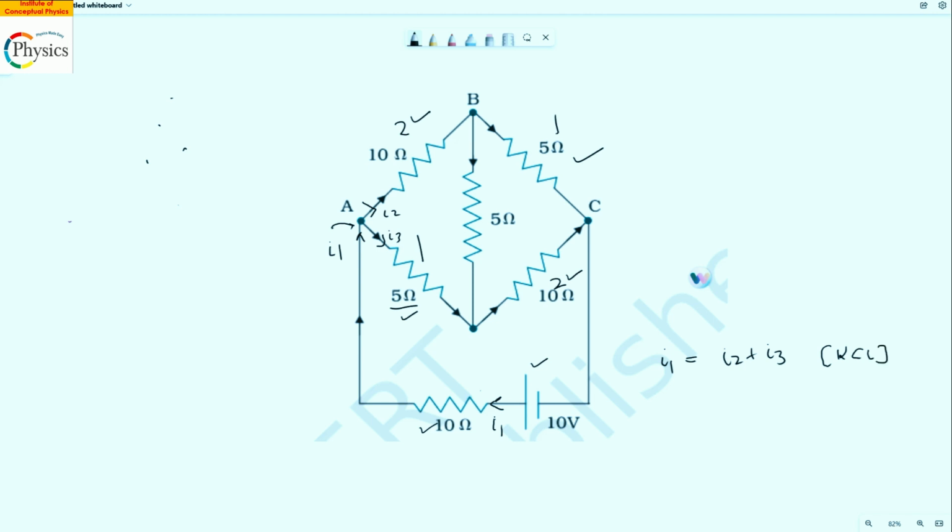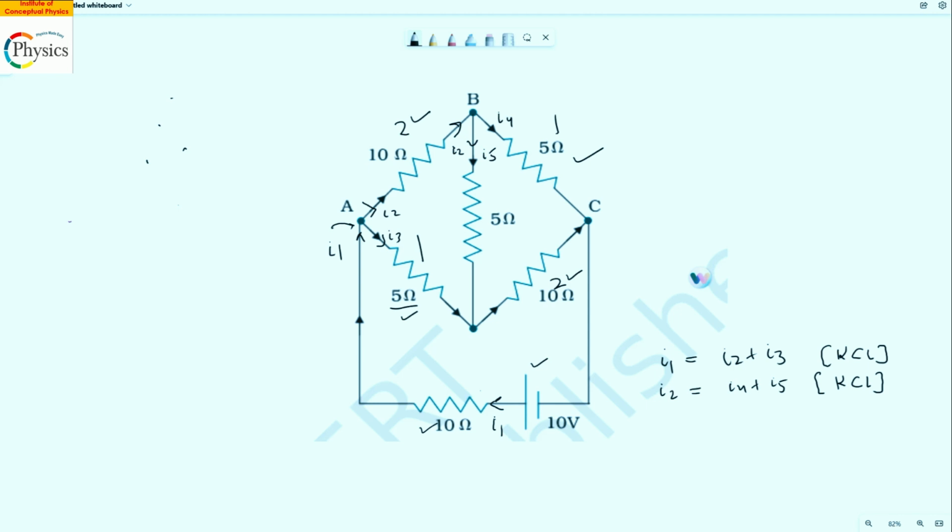This is the first thing. Then I2 enters here, and this is I4 and this is I5. At B, the AB branch, I2 is equal to I4 plus I5. So this is also Kirchhoff's current law.